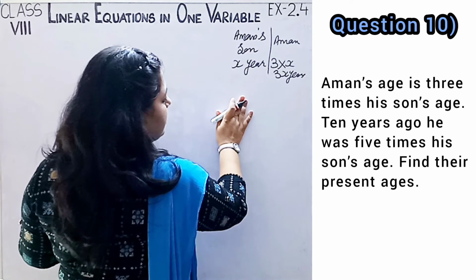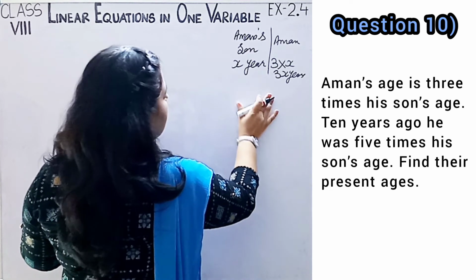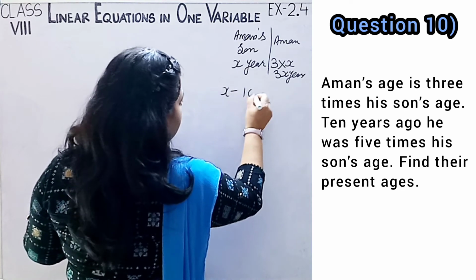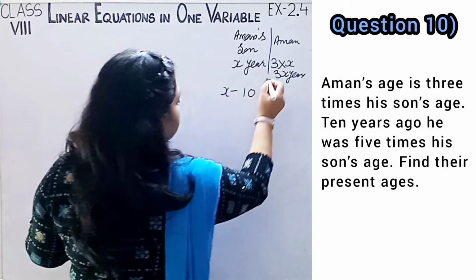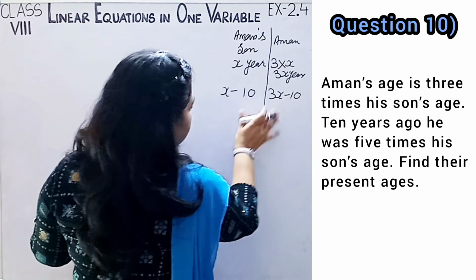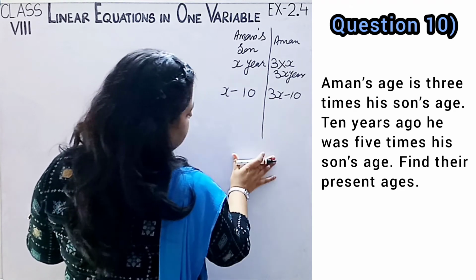Now coming to next situation. Here we are talking about 10 years ago. Means we have to subtract 10 from present age. So subtracting 10 from present age, 3x minus 10. Now 5 times.